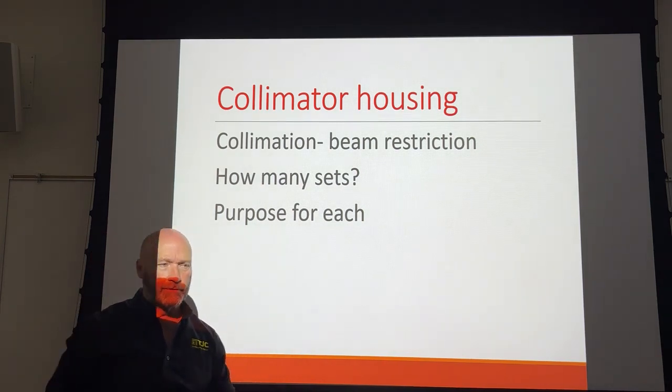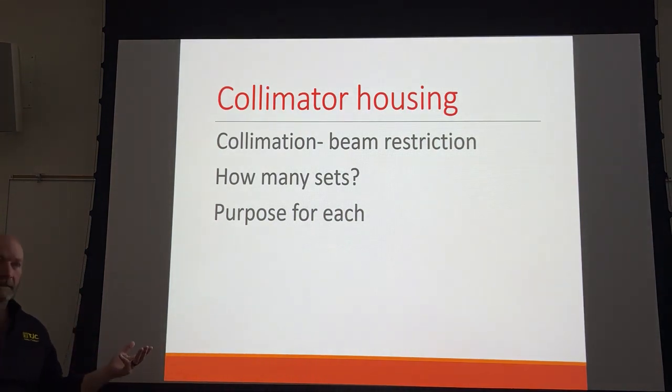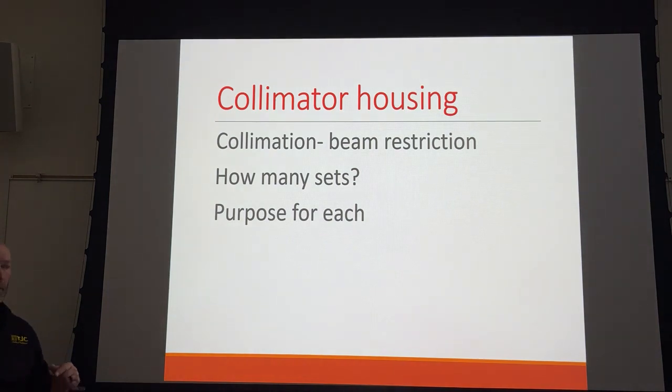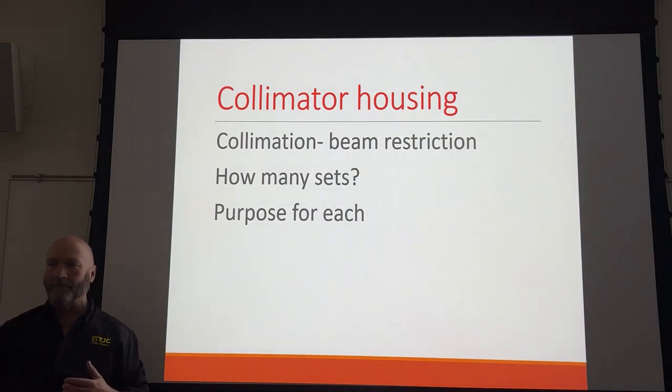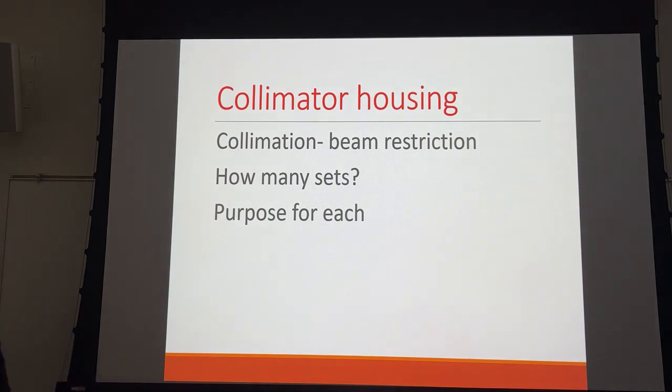The purpose for those is not really beam restriction, and we'll talk about this later in the semester, it is that they compensate for off-focus radiation. Off-focus radiation is any kind of radiation that's created anywhere aside from the focal track. So we'll talk about that later in the semester.